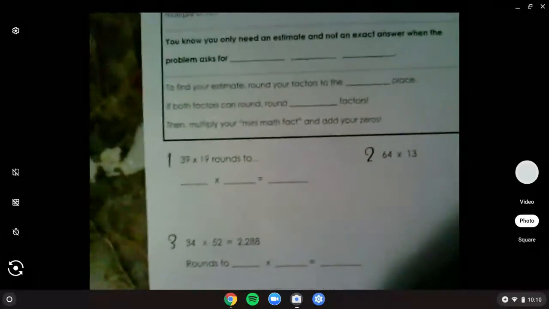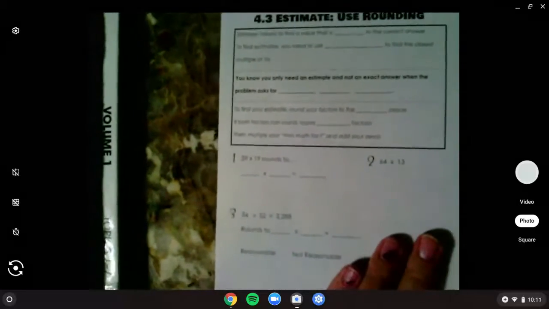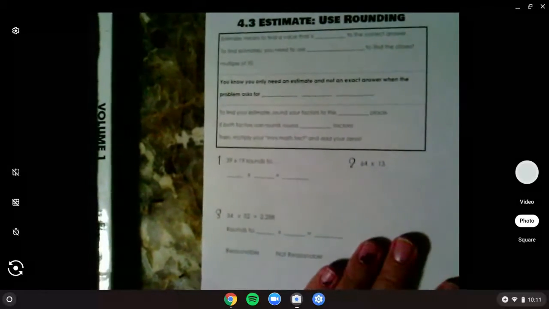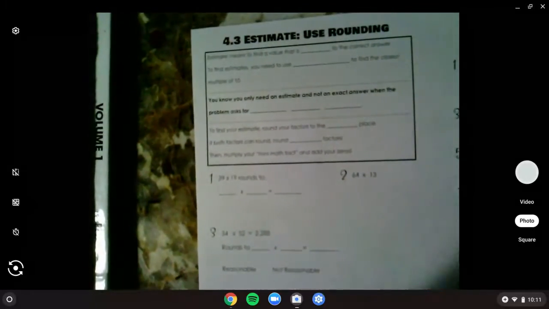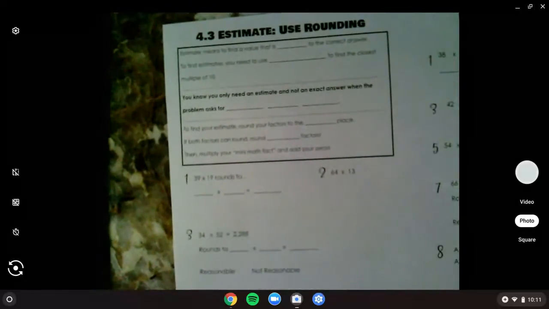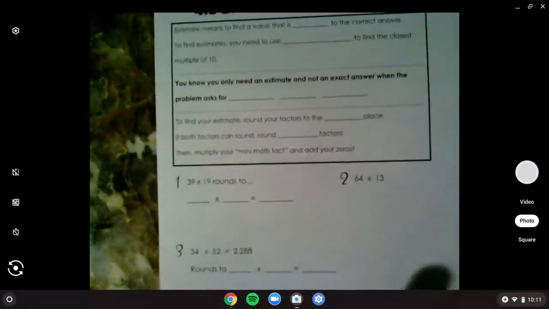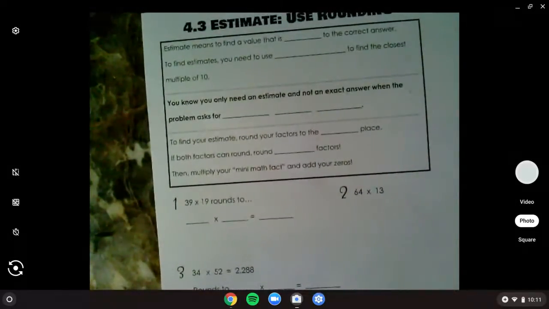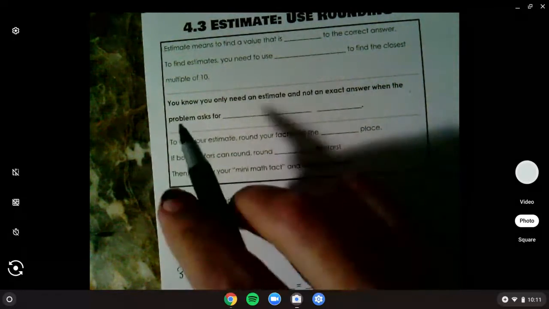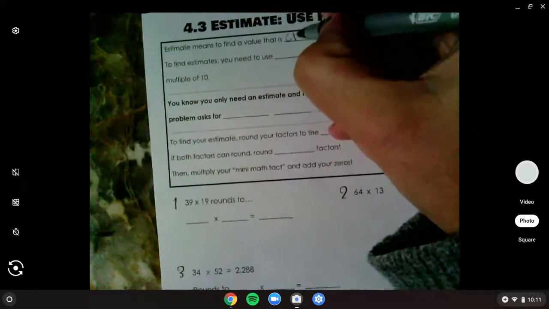Now, let's take a look at our notebook page for today. So what we're doing today is we're going to use estimating to help us round. Now, we've done estimates before. Yeah, I'll just zoom in on that top part. We'll zoom out after. All right. So when we're using estimates, it means we're going to find a value that is close.